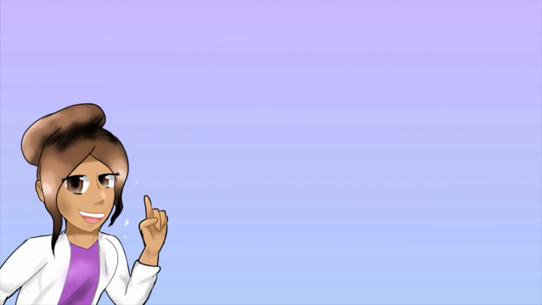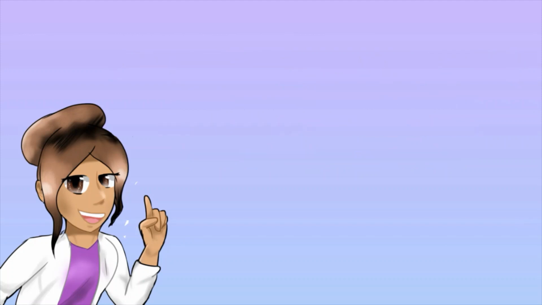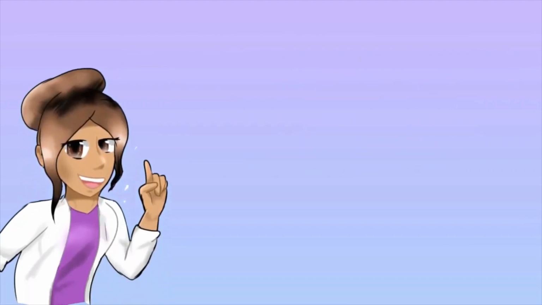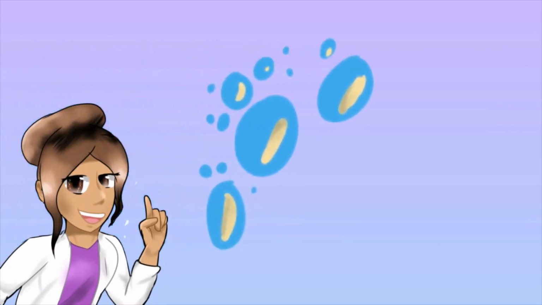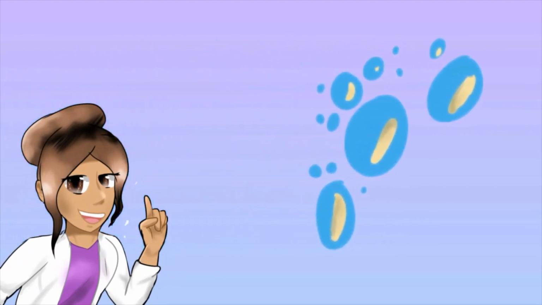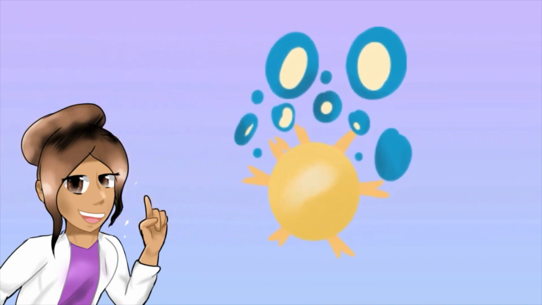T cells are usually secreted when antibodies send out signals that they need help taking down a specific bacteria or microbe. After these signals are sent out, firstly phagocytes come in, and if the phagocytes are not able to properly deal with that infection or microbe, then the T cells join the battle.